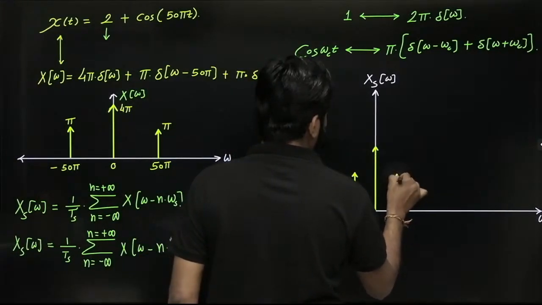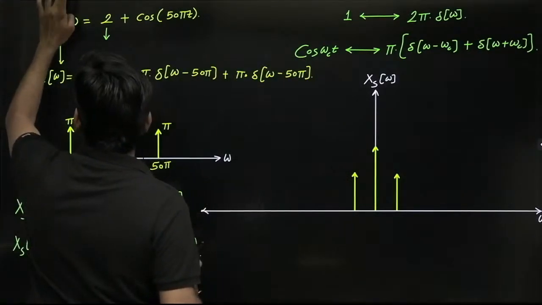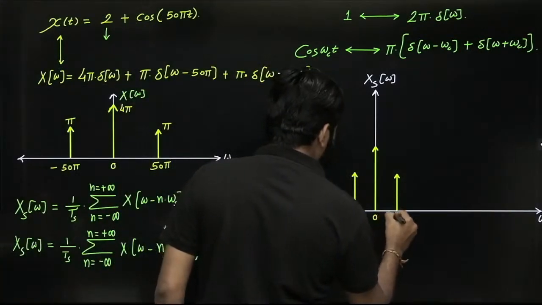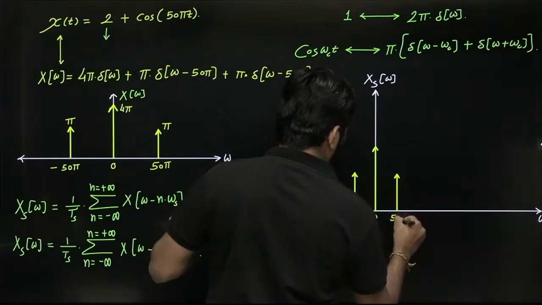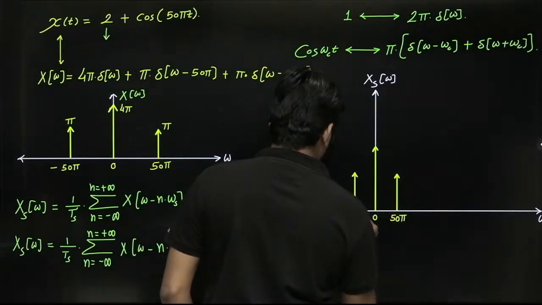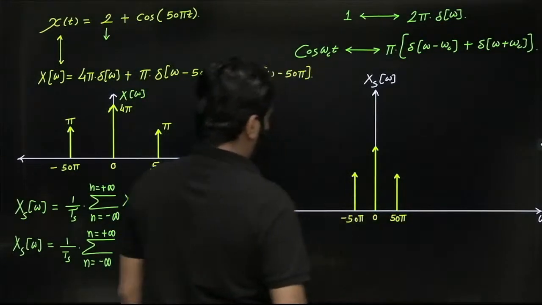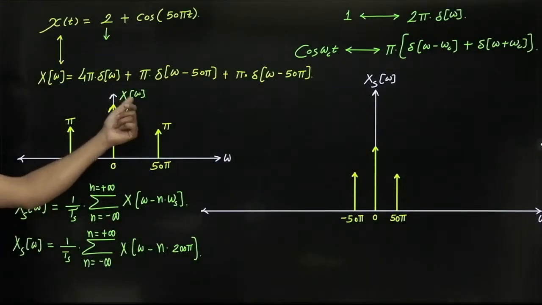I will mark the magnitude later. This is the origin, DC, this is 50 pi, and this is minus 50 pi. Okay, this is X of omega.